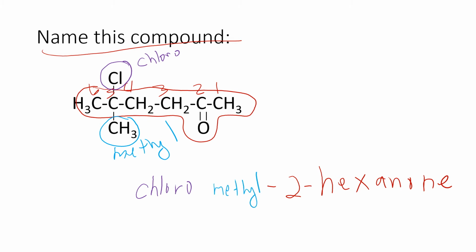And then we need to show the location of our 2 children, and they are both attached at carbon number 5. So we'll put a 5 in front of chloro and a 5 in front of methyl. So the name of our compound is 5-chloro-5-methyl-2-hexanone.